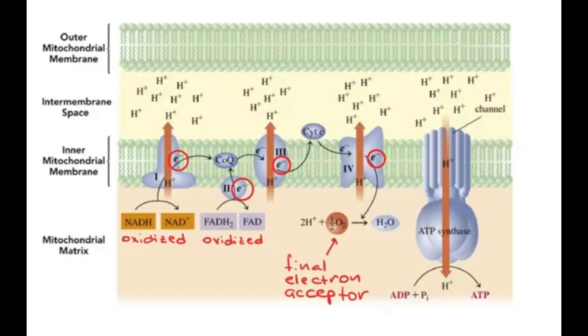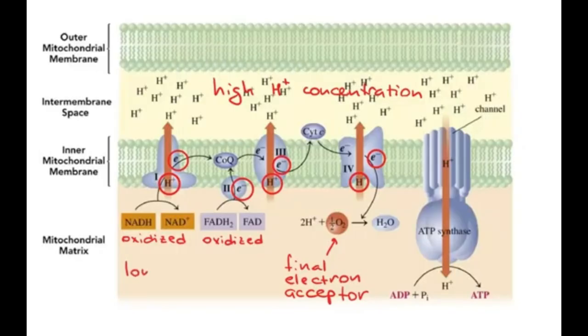Now, why do I tell you this? All these transfers of electrons from one complex to another release energy that is used for the pumping of hydrogens across the membrane. So now we have high hydrogen concentration on one side of the membrane. Does that make sense?